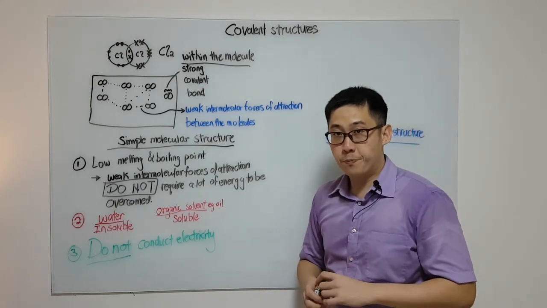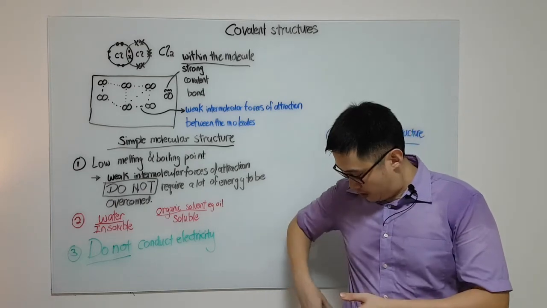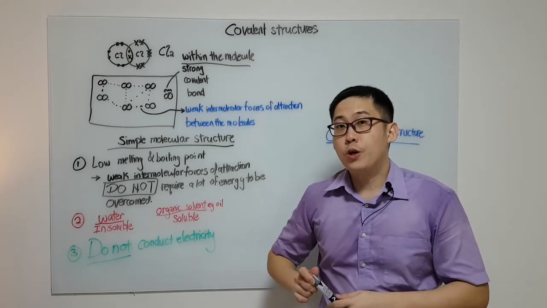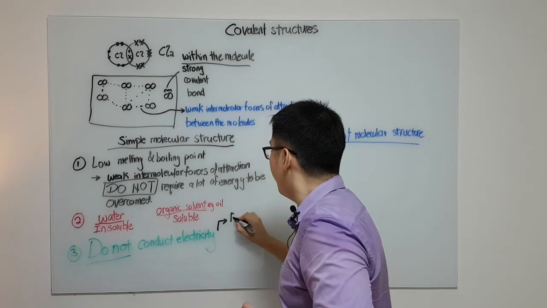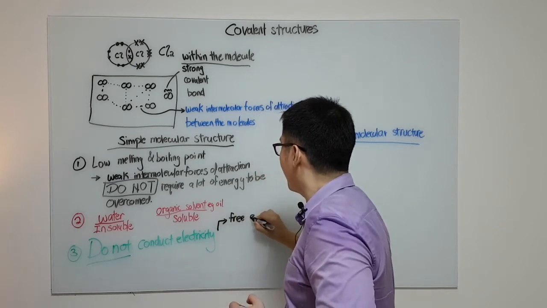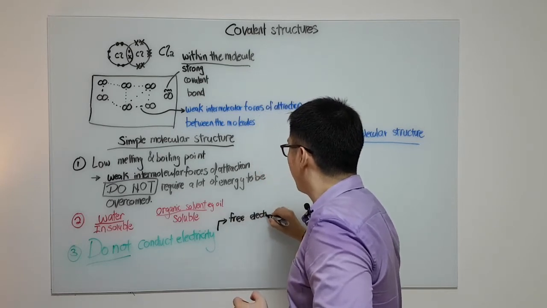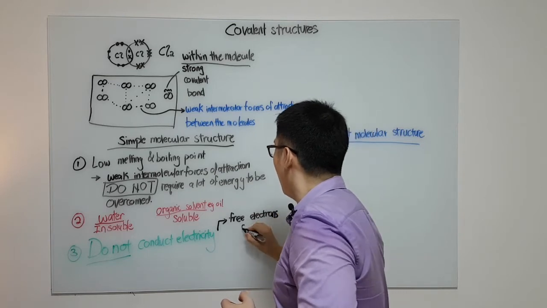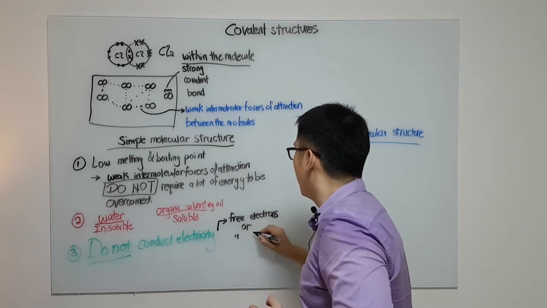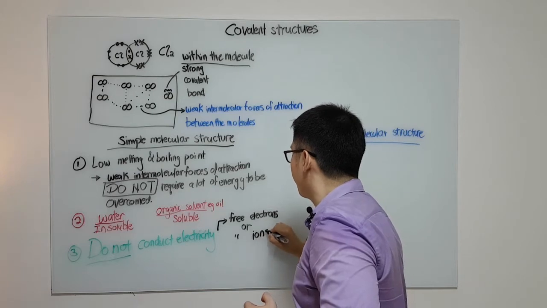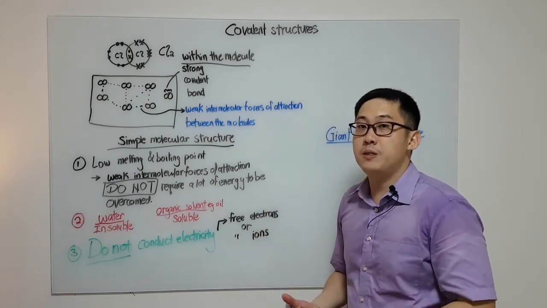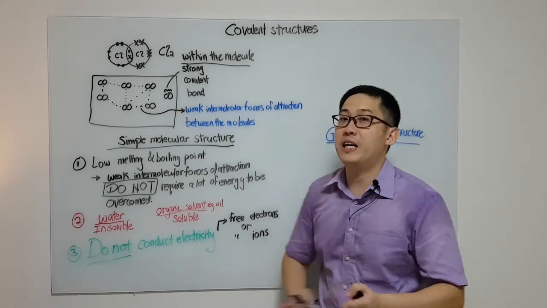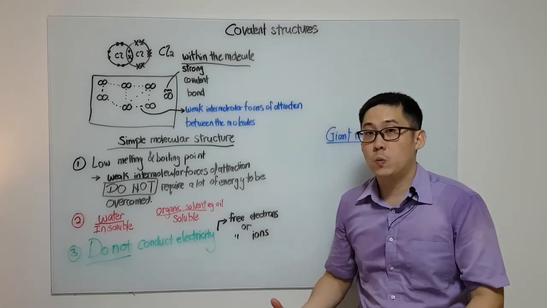What is the reason? In order for electricity to be conducted, we need either free electrons or free ions. Free electrons and free ions simply means that there are electrons and ions that can move about.